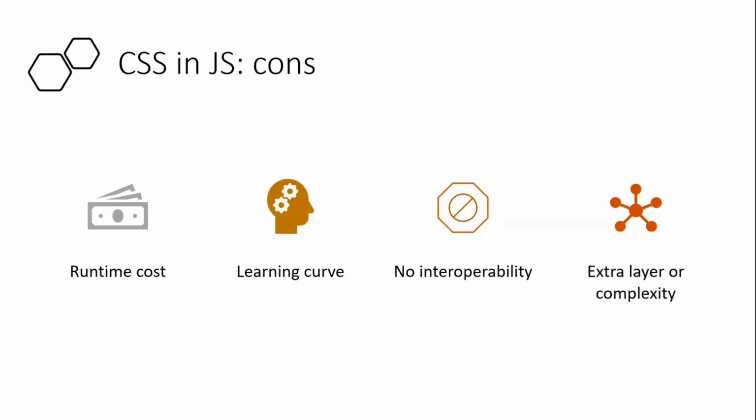And also, an additional problem is that everybody knows CSS, but only some people know some CSS in JS libraries. That is why every time you introduce CSS in JS in your code, you add some additional layer of complexity. In my experience, I faced little or no runtime cost ever.